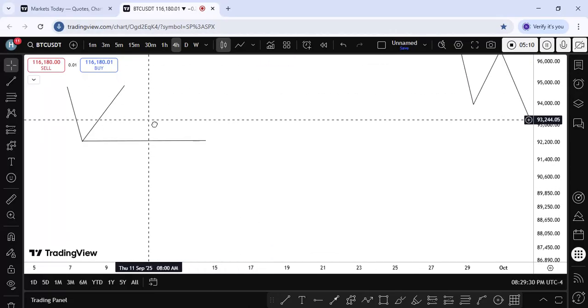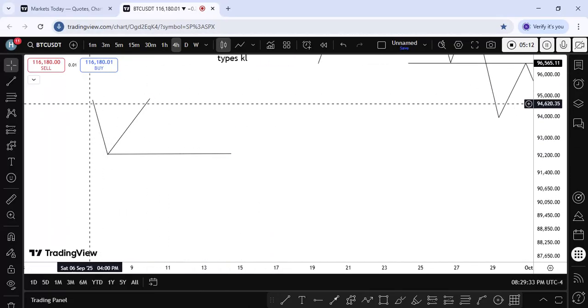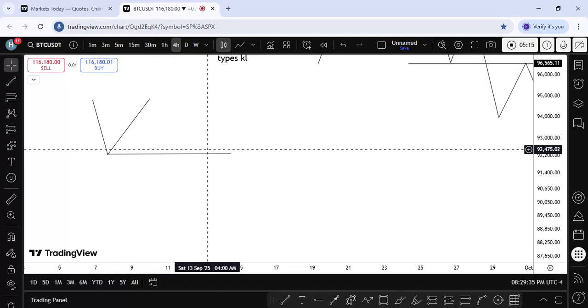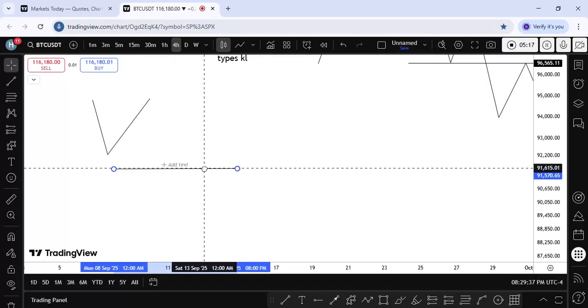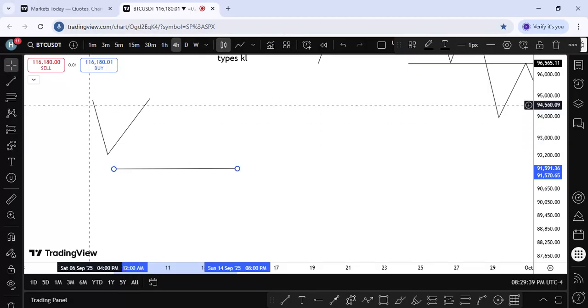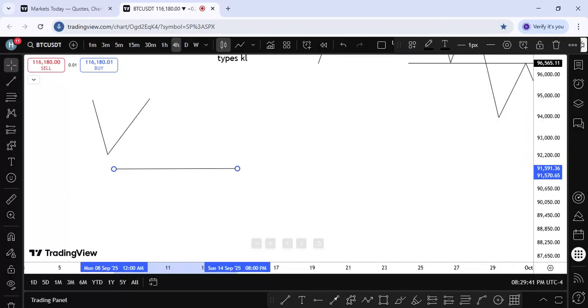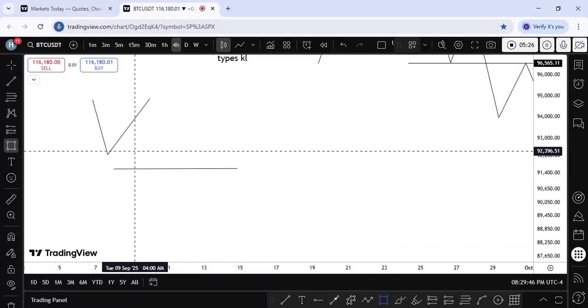So we have the V-shaped key level. Number one, we have the V-shaped key level. This V-shaped key level, like this, is the mixture of two consecutive candles on the higher time frame.